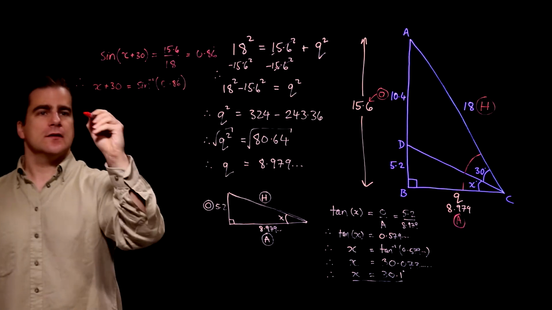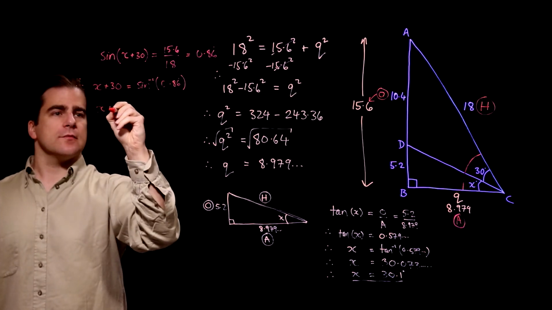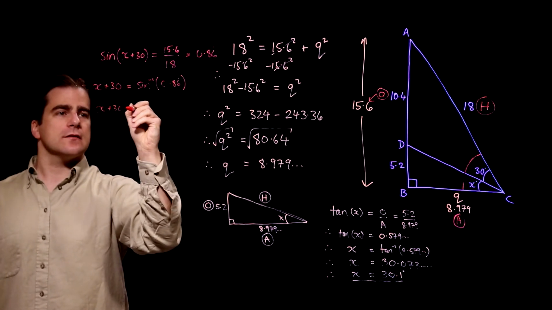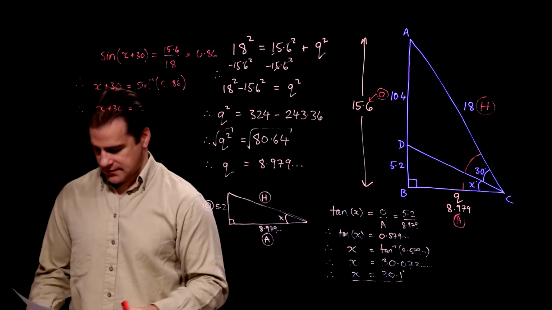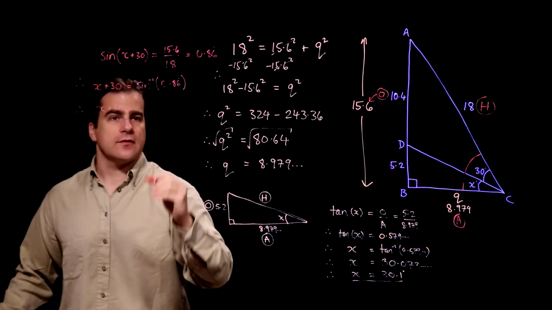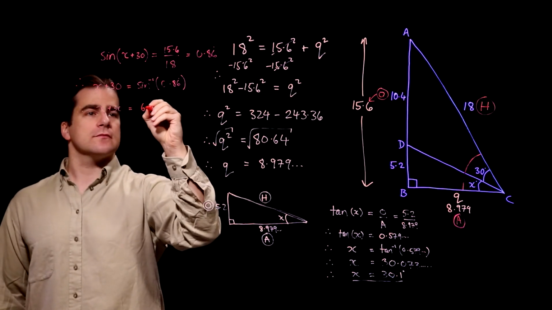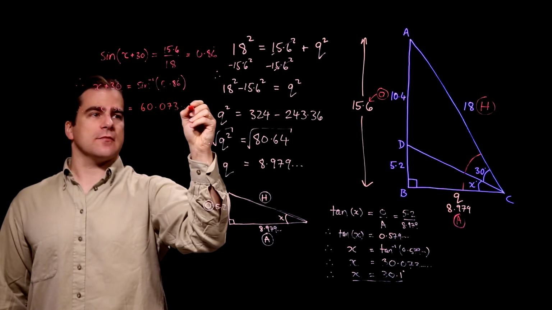Okay? Therefore, x plus 30 is the inverse sine of 0.86 recurring, which is 60.073 something.